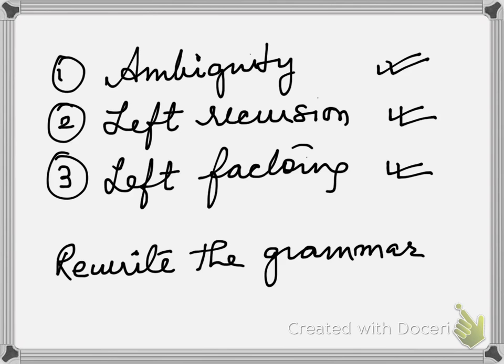It's just that the production rules were written in a different way. So once all this is done, removal of ambiguity, removal of left recursion, and left factoring, we are now ready to write our parsers.